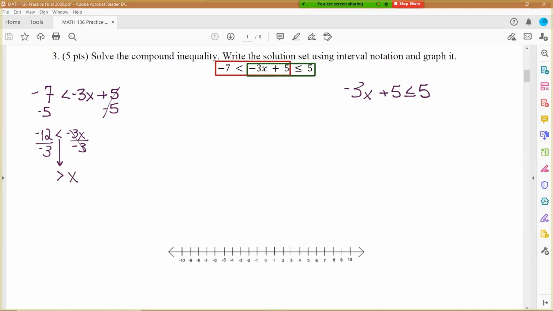On the left side, -12 divided by -3 is +4. And then remember with inequalities, you always want to write x on the left side. So if I flip this whole thing over, x would be less than 4.